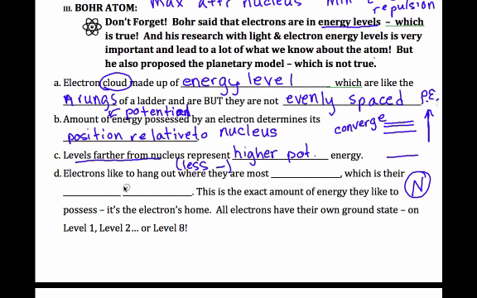Electrons like to hang out where they're most stable. And that stability, remember, is related to maximizing attractions and minimizing repulsions. This is called the ground state. I'm going to give you an analogy in just a minute on this. I think it'll help.